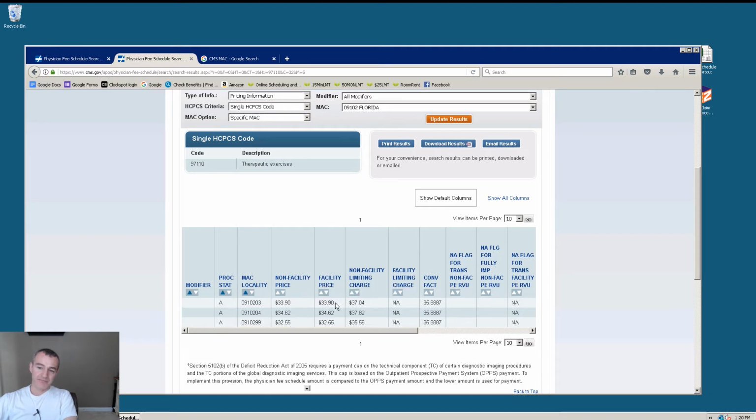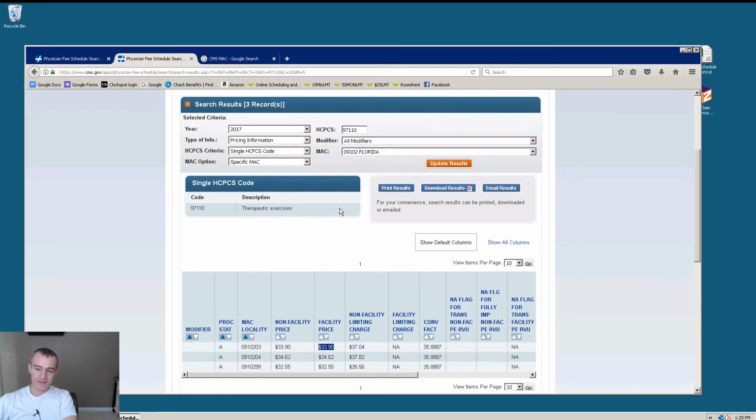And so, just so we can compare, let's say in this first one, we're looking at $33.90. Medicare will pay 80% of that, and there's a little more to it in terms of number of units, and there's a value because they reduce reimbursement on subsequent units, subsequent CPT codes.